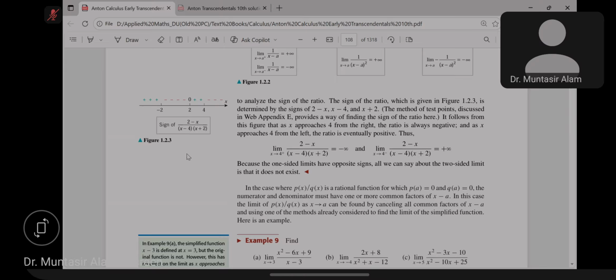This is called the sign test. Which value of x brings the function value 0? 2. That's why we have to put a 2 on the real line. And what values of x bring the function value infinity or undefined? 4 and negative 2. Very good.